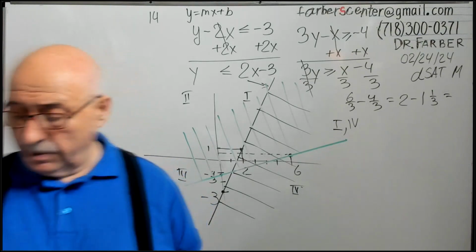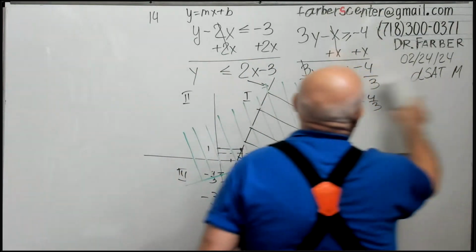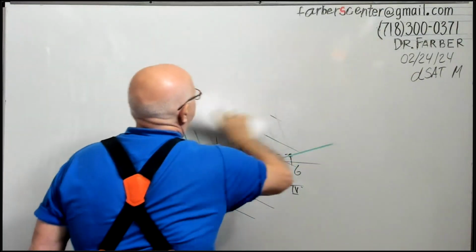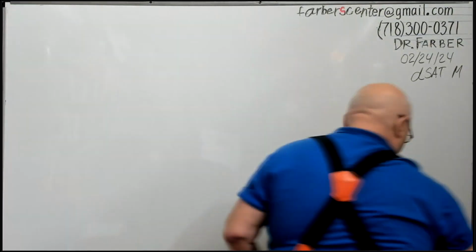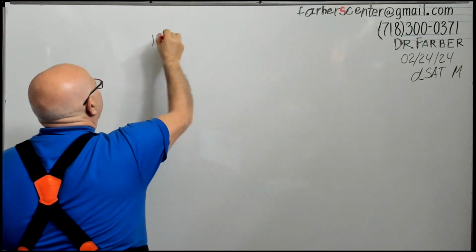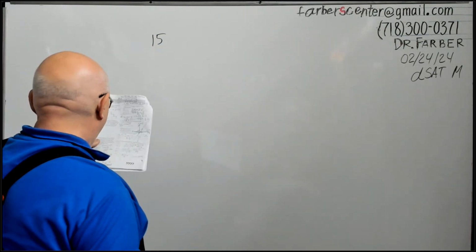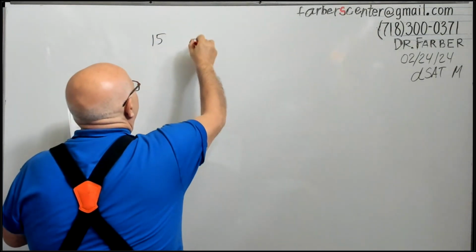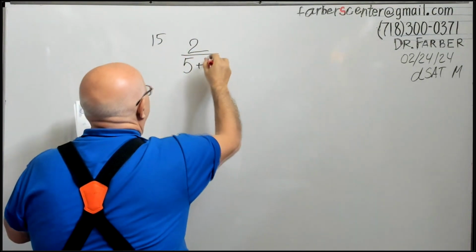Next, number 15. What do we have in 15? An equation, or equivalent: 2 over 5 plus i.